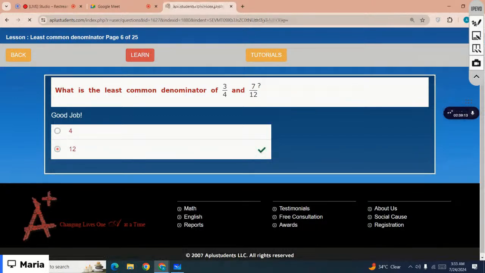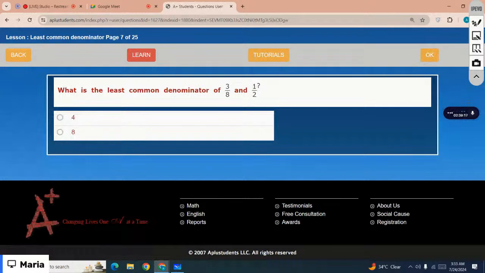Okay, what is the least common denominator of 3 by 8 and 1 by 2?